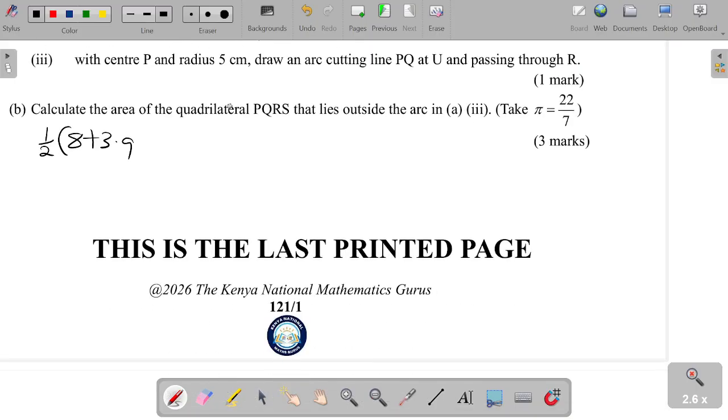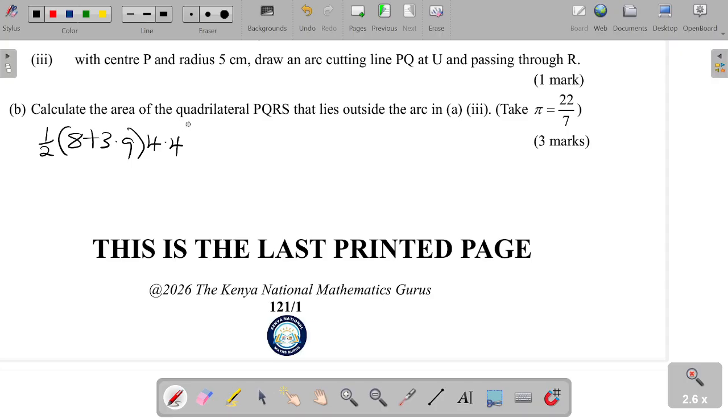Remember, I'm doing the last part of this wonderful question paper. So when you are here, then after this, you times 4.4.